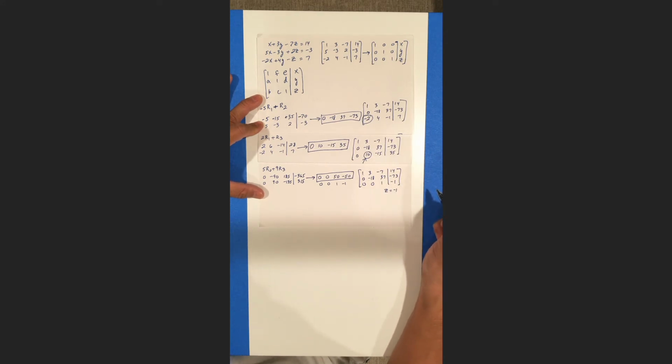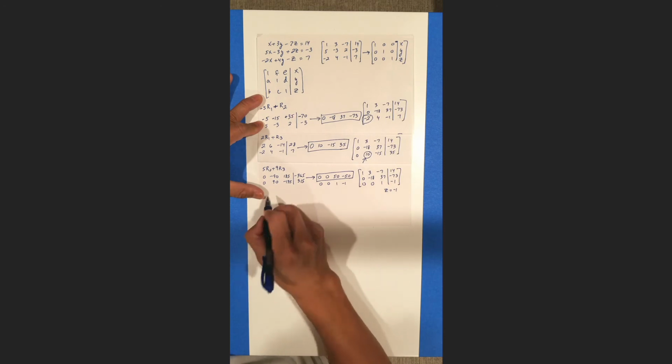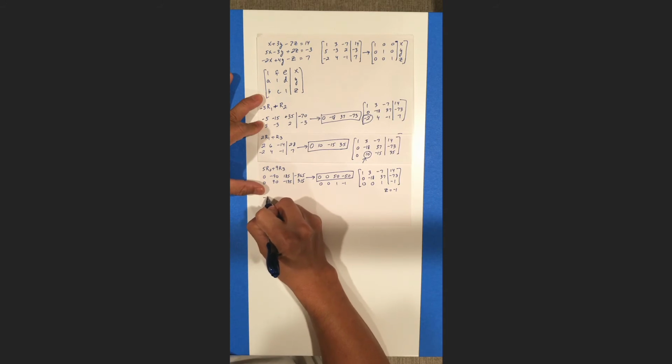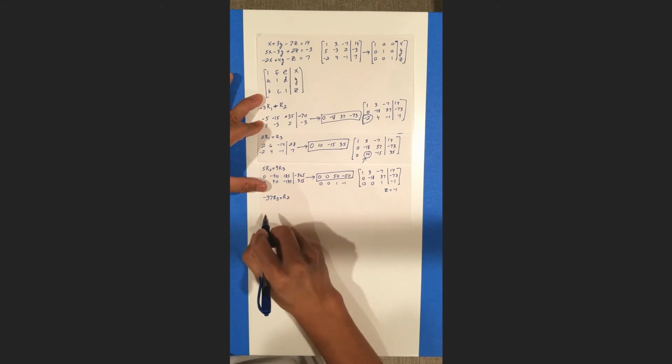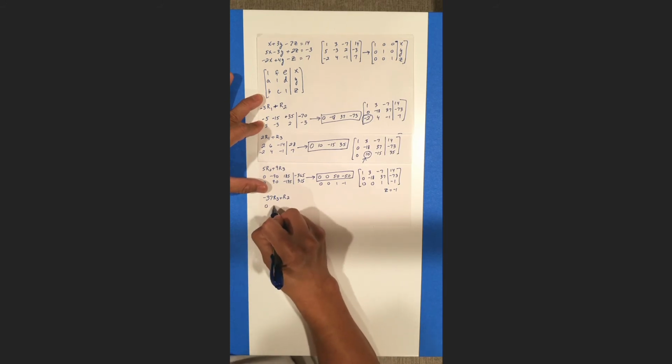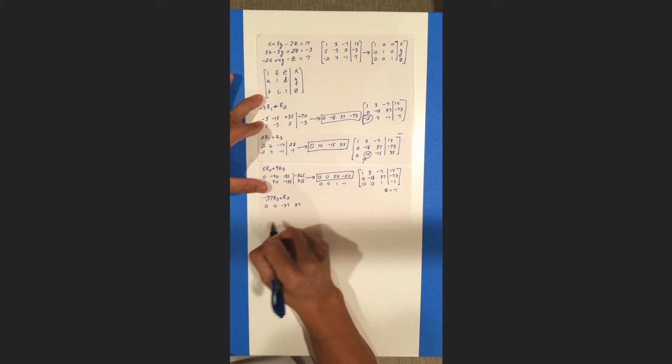Okay, now at this stage, it should be pretty easy. Now I will take negative 37 row 3, and I'm going to add this with row 2. So that's going to give me 0, 0, negative 37, 37.